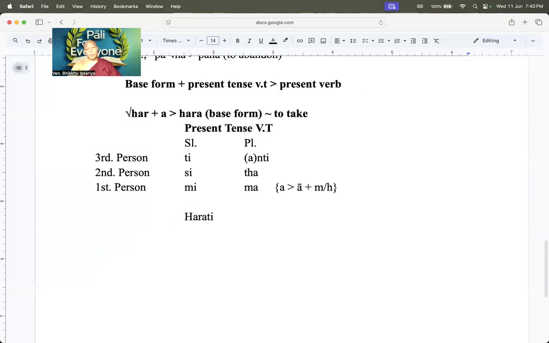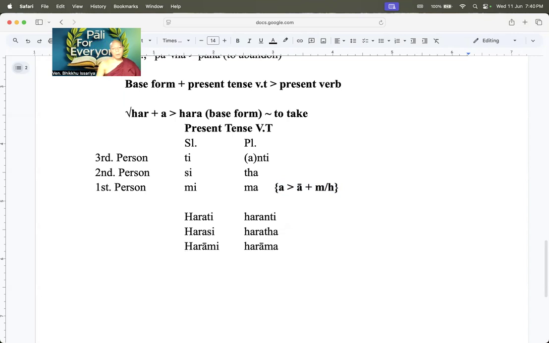And then for the plural, this R is just dropped: harandi, harasi, harata. And please remember, before the ma sound the R becomes long: harami and then harama.